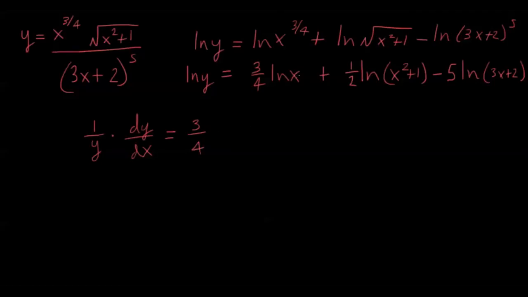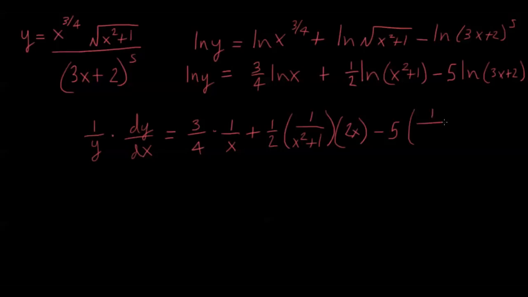Well, the derivative of the natural log of x is just 1 over x, plus 1/2 times, let's see, it'd be 1 over u times du over dx, so 1 over x squared plus 1 times du over dx, which is just going to be 2x, minus 5 times 1 over u du dx, 1 over 3x plus 2 times 3.